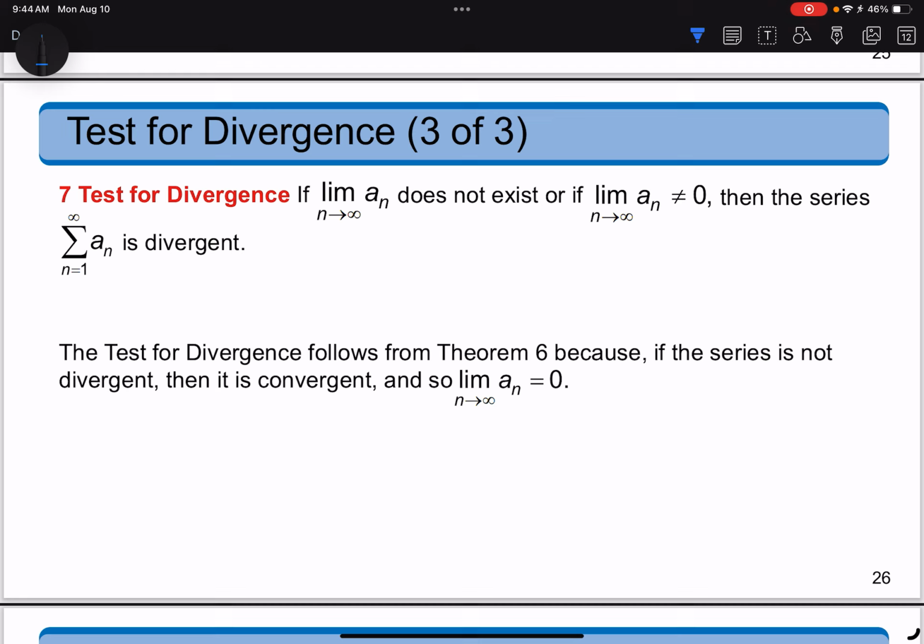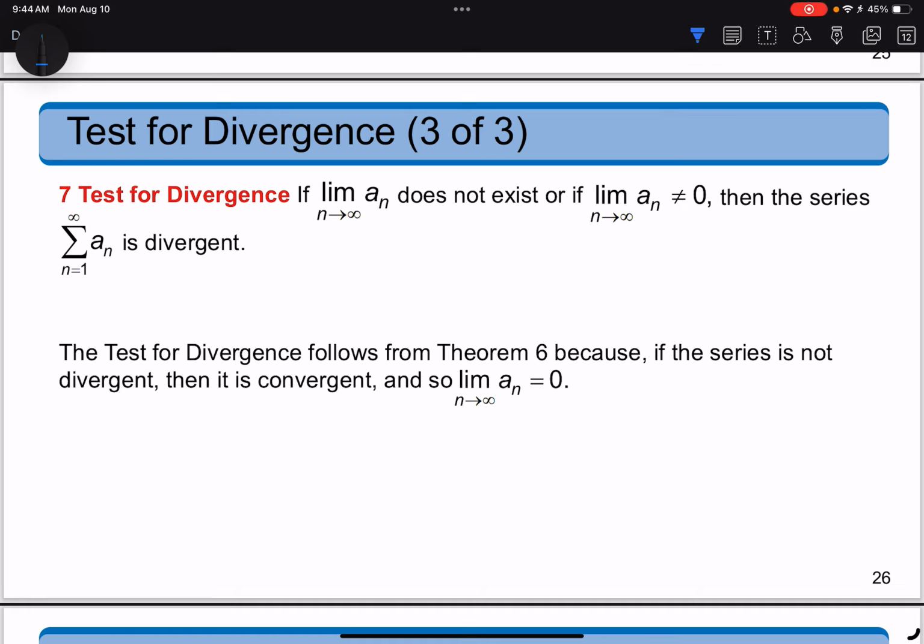If the limit of a sub n does not exist, or the limit of a sub n as n approaches infinity is not equal to 0, then the series summation of a sub n is divergent. The test for divergence follows from Theorem 6, because if the series is not divergent, then it is convergent, so the limit of a sub n is equal to 0.